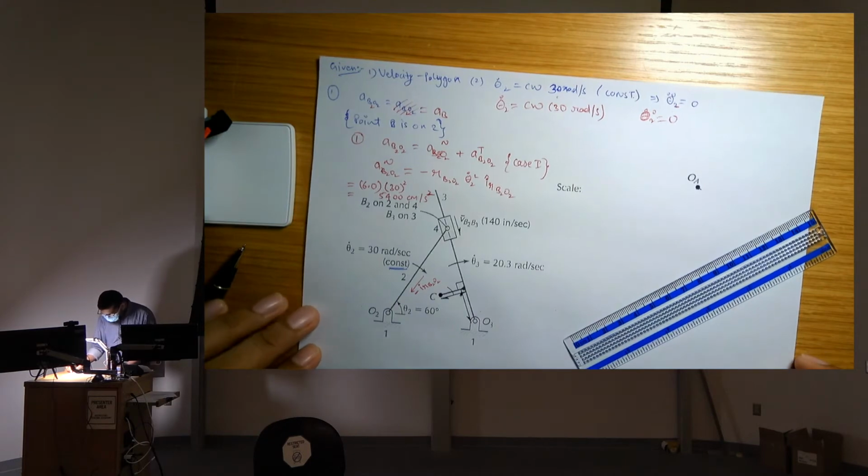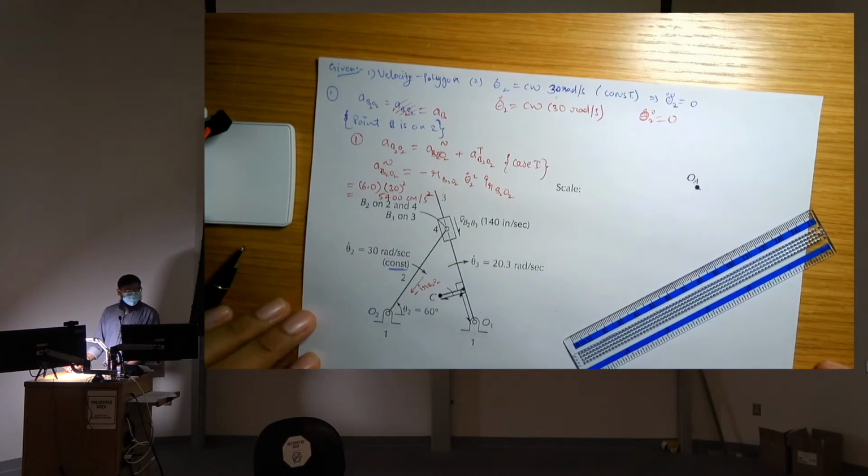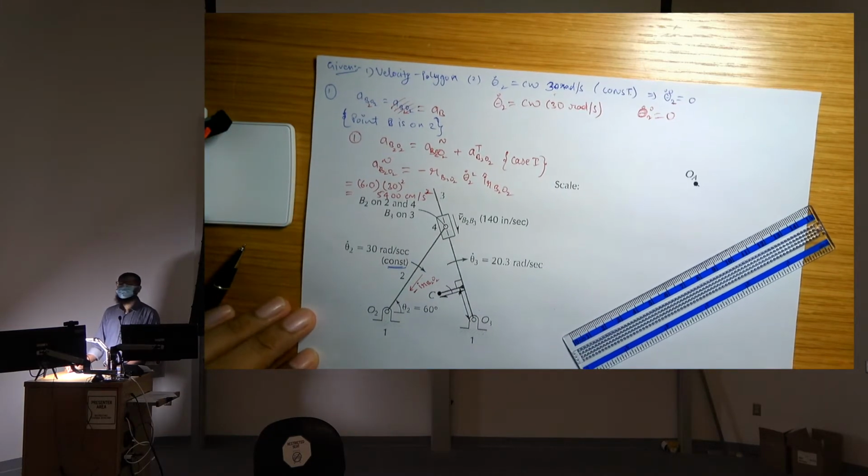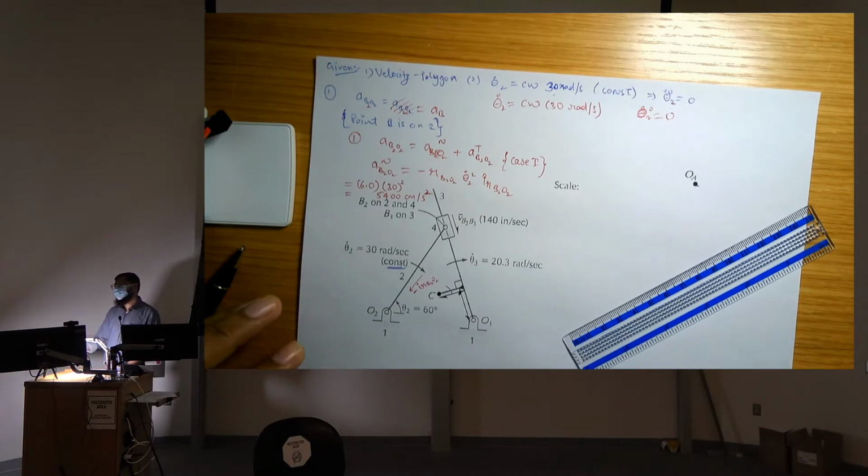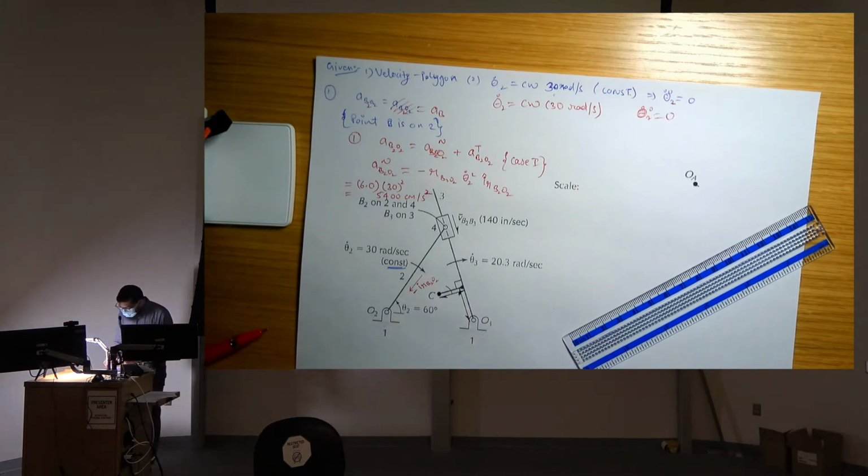Thank you. Okay, the next thing is we need to choose a scale. It's up to you, whatever scale you want to choose. You are practicing, and I can choose mine also. We have liberty over here.